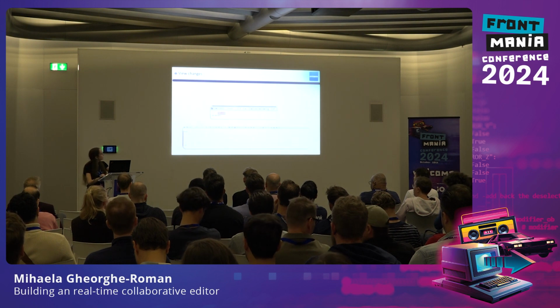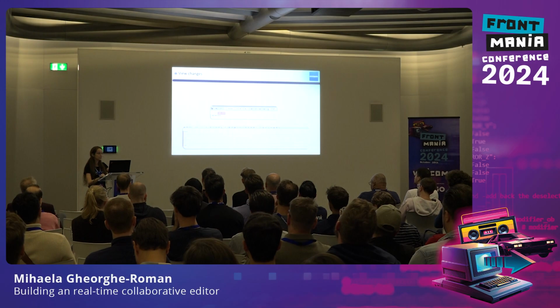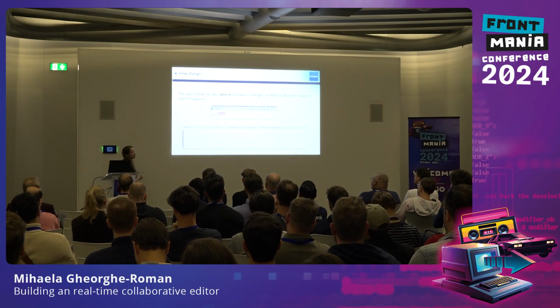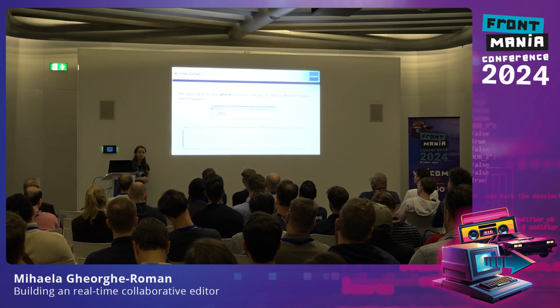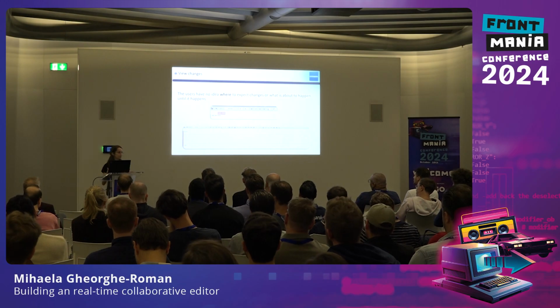And another requirement, because that was definitely not the only one, and once again you see here some examples from our document. Well, users have no idea where to expect changes until they happen. For example, if those two users work at the same location in the document, okay, they will see what the others do, but they don't know what to expect, when to expect.